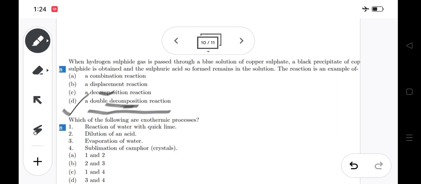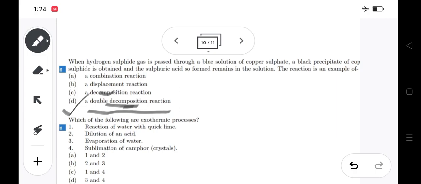What about evaporation of water? See, while evaporating, water is absorbing energy from the surrounding to become water vapor, where heat is not released. Heat is absorbed. So, evaporation of water is not the answer. Sublimation of camphor crystals.